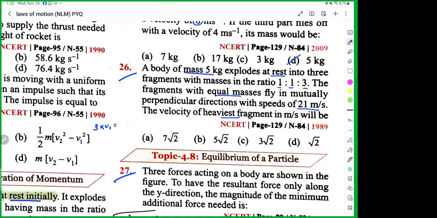तो 21 मल्टीप्लाई 21, स्क्वायर 441, 21 स्क्वायर 441 अंडर रूट. ये कितना हो गया? 882 अंडर रूट. So what will be the value?